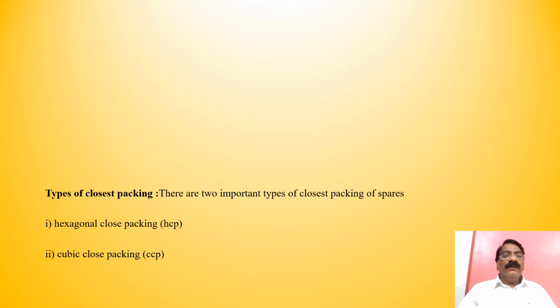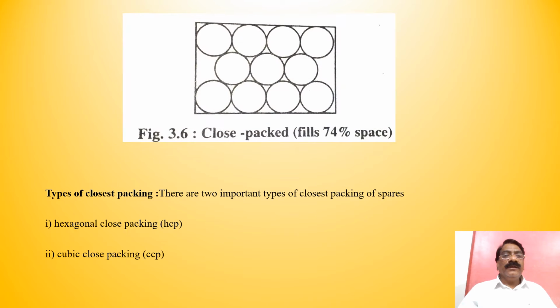There are two important types of closest packing. In closest packing, 74% of the space is occupied and the remaining remains vacant. So we see the types of closest packing.